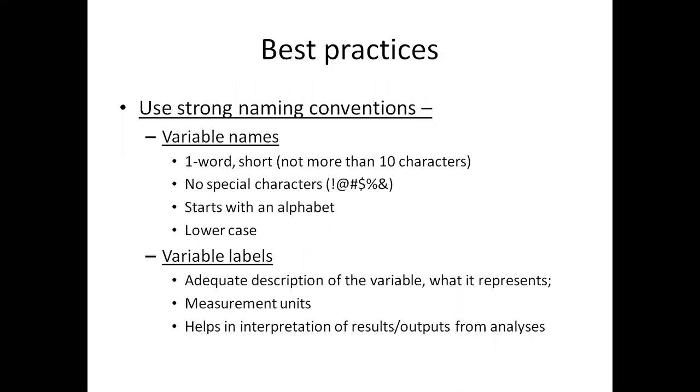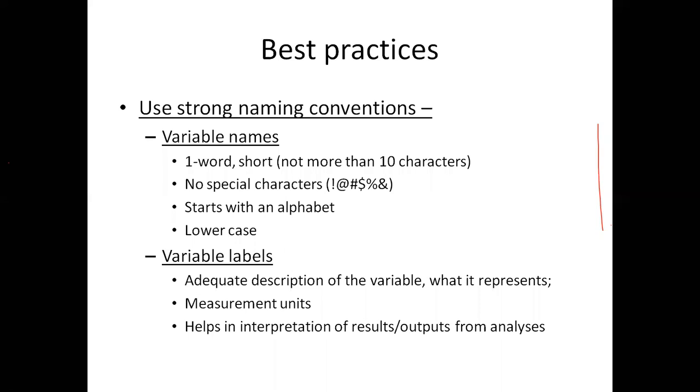Now some best practices. These are very small details, but nevertheless they make a huge difference. For instance, how do you name variables? There are very specific guidelines, and if you follow them, the data becomes more structured and standardized. For variable names, the suggestion is to have one short word, not more than 10 characters. So for something like body mass index, it's not suggested to put such a long name as a variable name.